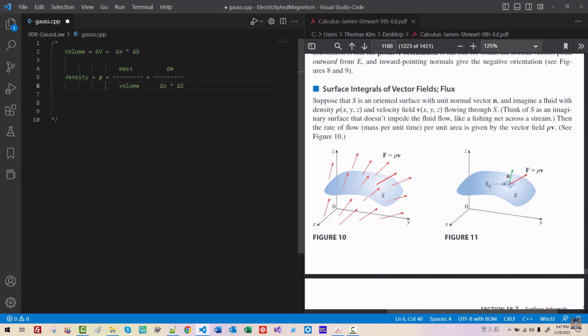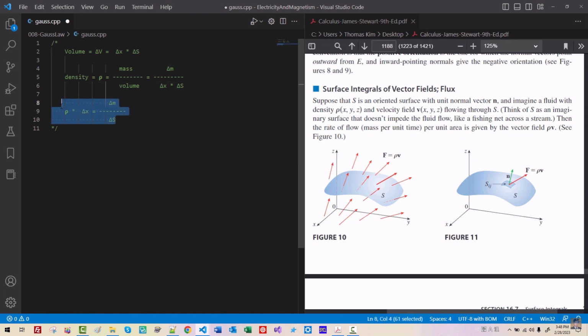So this is our density, mass over volume. From this, if we multiply delta X by rho, we have rho times delta X equals delta M, the mass, over delta S, the area.